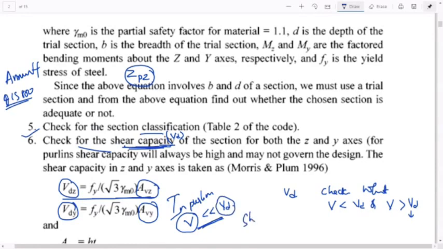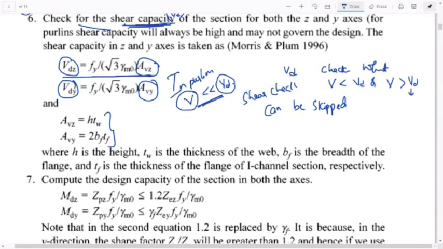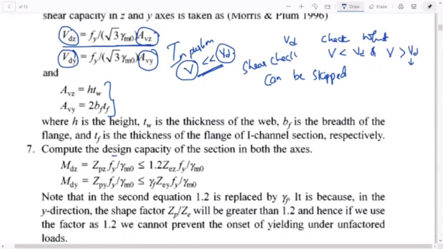Therefore, the shear check can be skipped. Okay, if it is a purlin, this V is going to be very much smaller than Vd. Therefore, the strength of this section is very high in shear. So you can skip this step. Okay. And now, of course, Avz and Avy are given in this way.